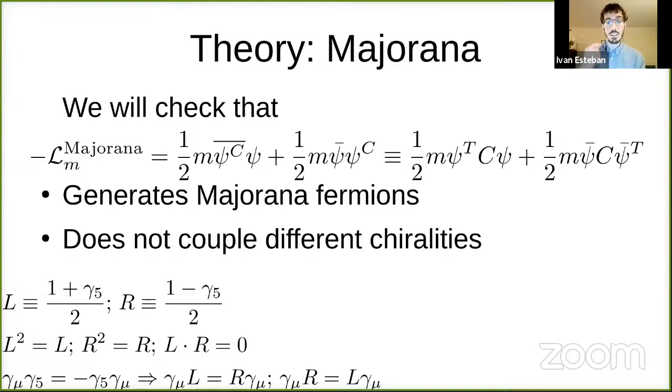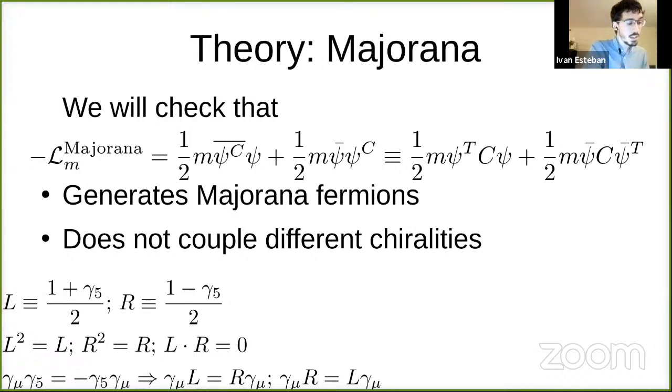That is, this Lagrangian generates fermions with the standard fermion Lagrangian that are their own charge conjugates. And at the same time, we will also check that this Lagrangian does not couple different chiralities. So this part will be less algebra-heavy than the other exercise.